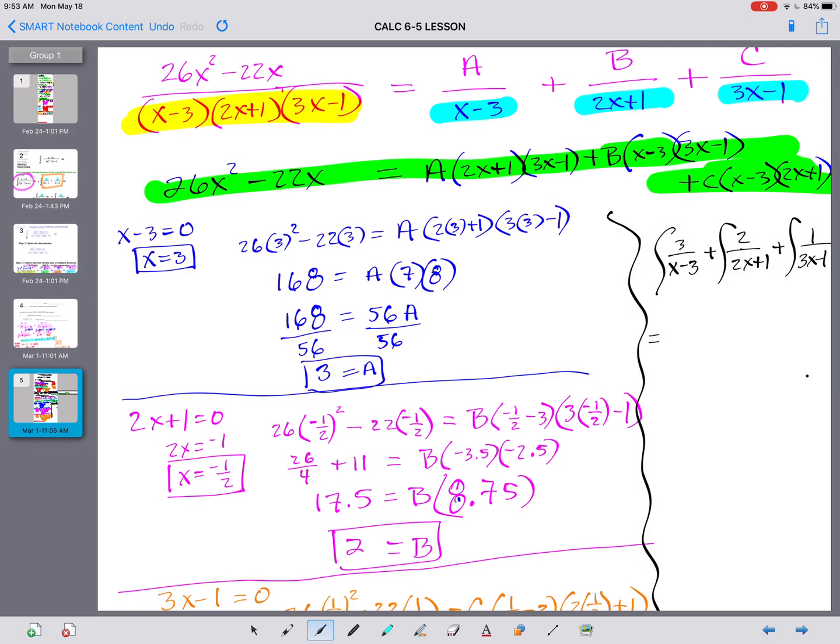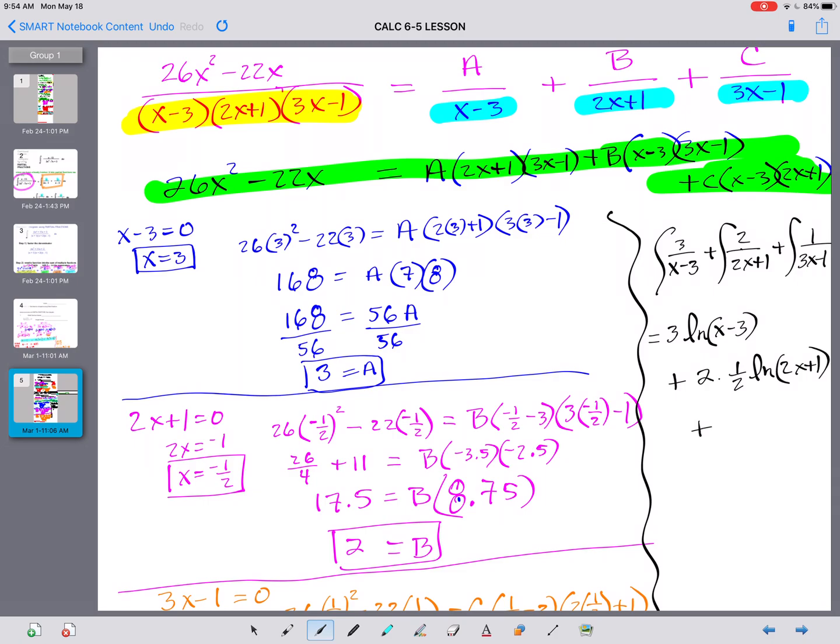Now, do your integral. First, bring the 3 down in front. The integral of 1 over x minus 3 is the natural log of x minus 3. Plus, bring the 2 down in front. On this one you're going to have 1/2 natural log of 2x plus 1.